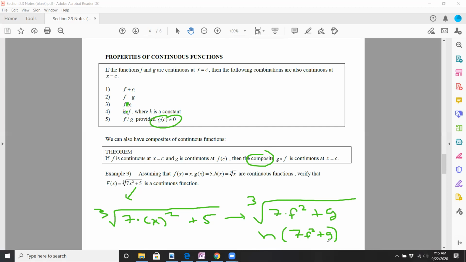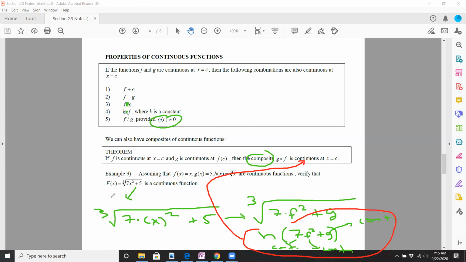And so each of these are continuous, right? f is continuous. 7 is continuous. f squared, using f times f, each of those are continuous. You have two identical functions being multiplied together. So altogether, this whole thing is also continuous.